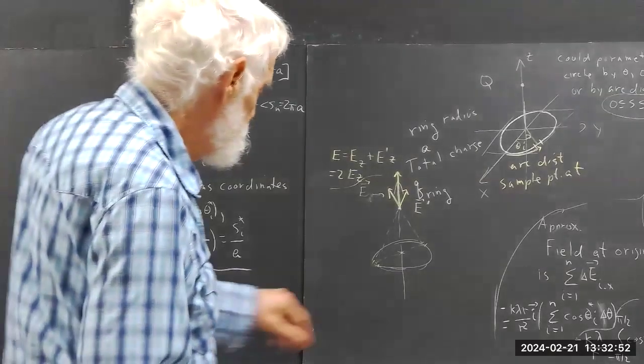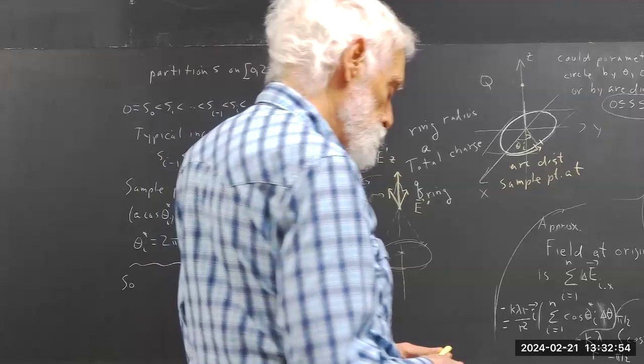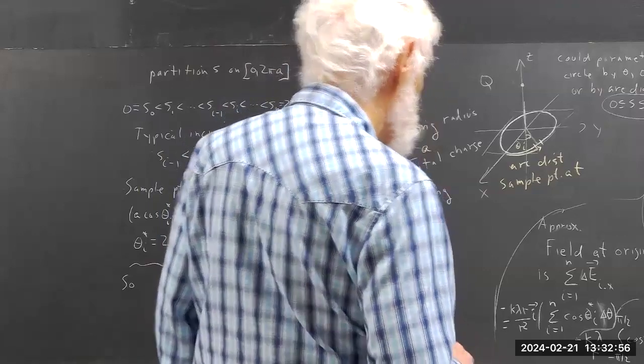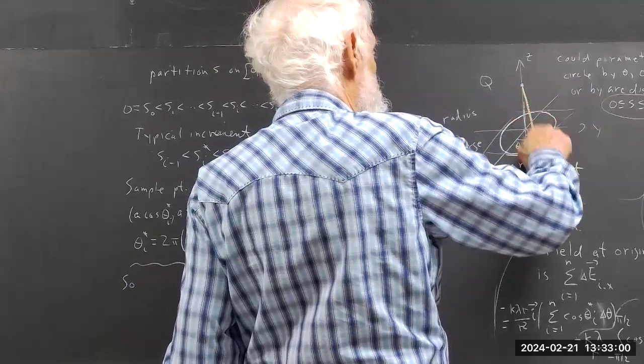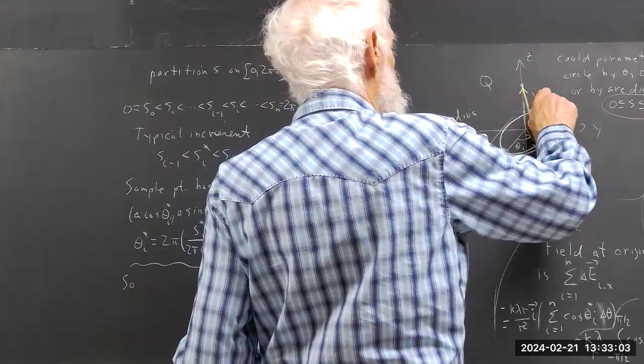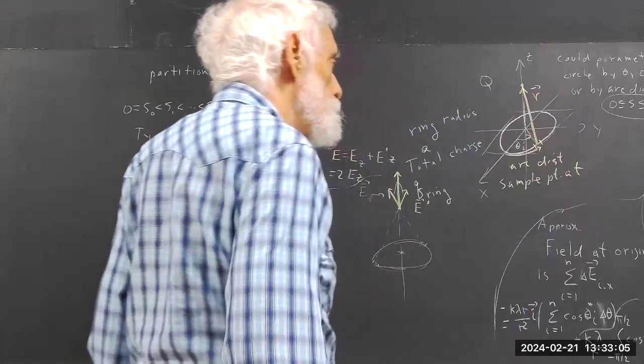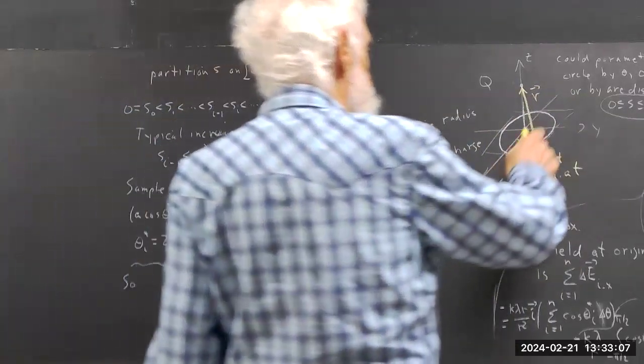Now there are different ways to get the components of our R vector. Our R vector goes from here to here. And that will be our R sub i vector.